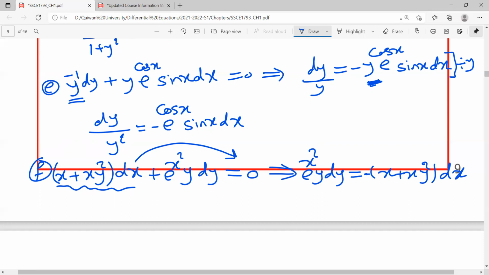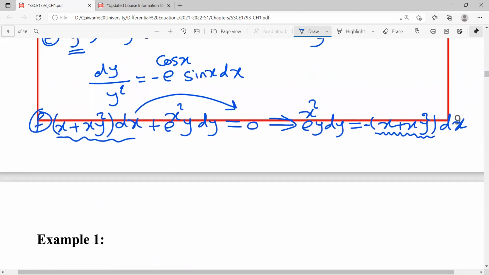Here, what should we remove on the left hand side? e to the power x squared, because it includes x, and it must not be with dy. And on the right hand side, we have y squared. So here we take x as the common factor between these two terms on the right hand side.